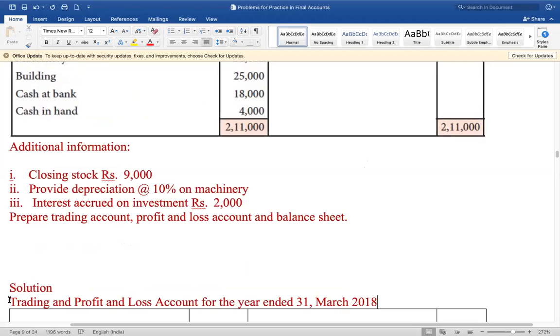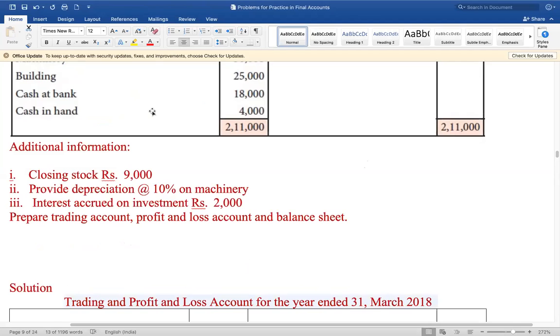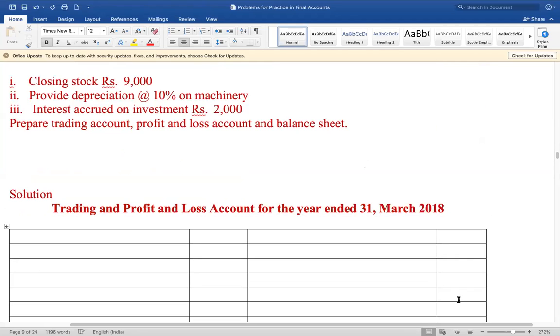You can do this even in the examination paper or in the notebook, just take it as center alignment. Now below that, write down the short form of debit and the short form of credit, DR and CR, and take them to the extreme left and right.